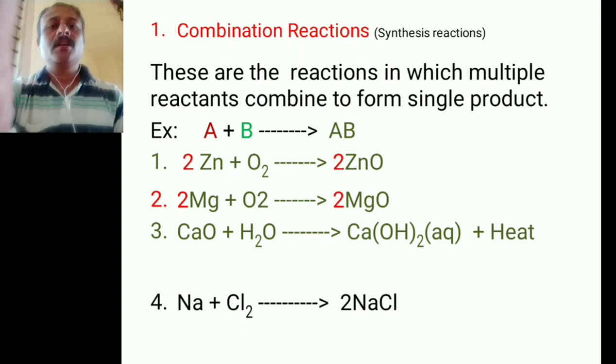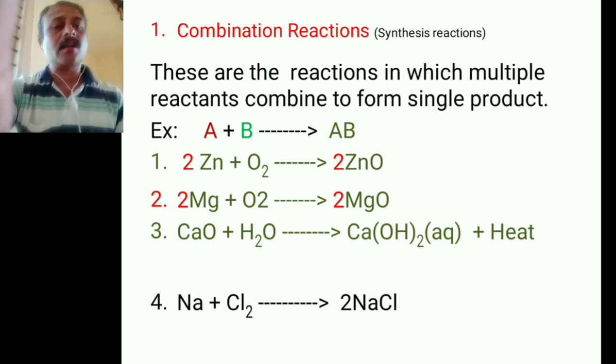For example, if A plus B, 2 reactants, are involved, it forms a new product called AB, a single product. If A, B, C, D are there, then finally all together form ABCD. So one product will form. Such a type of reaction we call a combination reaction.